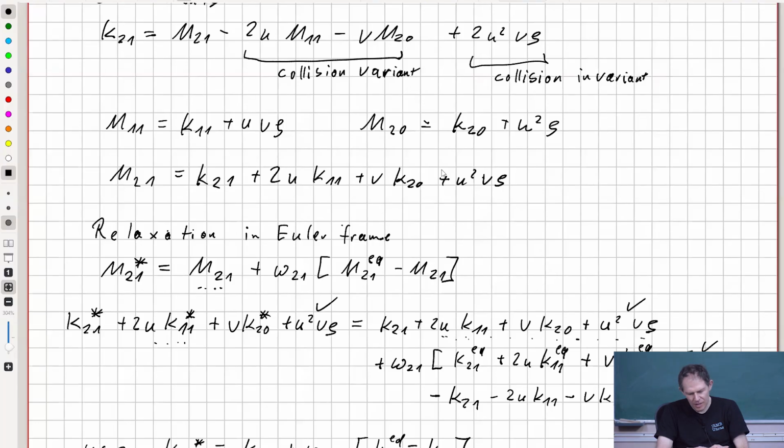So here u is still u, not u star, because we don't have any forces. So I was not assuming that there are any forces, so that u before and after collision would be the same. I don't want to complicate this any further.